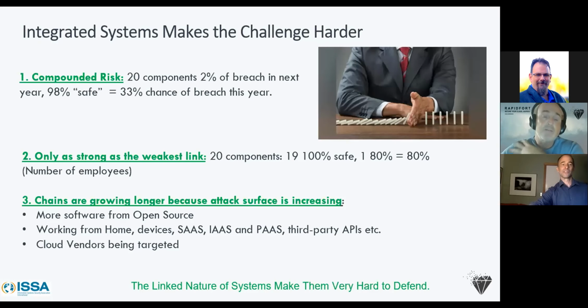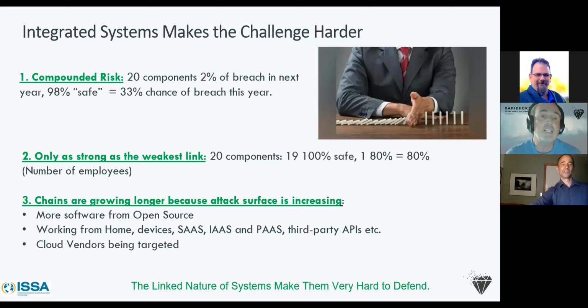There are a number of mathematical realities that make defending against software supply chain risk very difficult. The first is that anytime you have a large number of components in a given system, the multiplicative compounding effect means your average risk of breach increases.